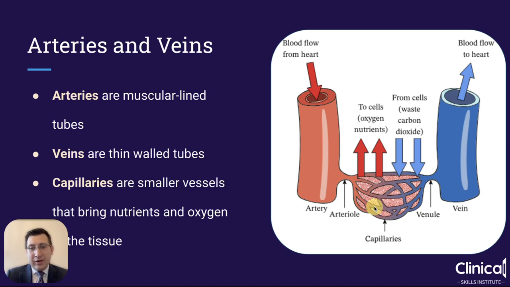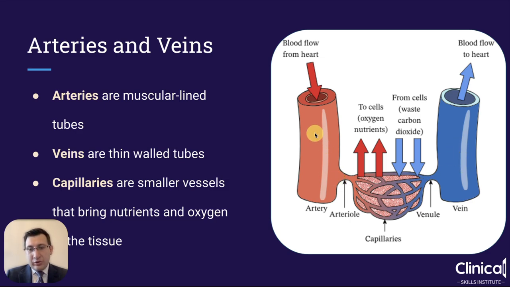Capillaries are very tiny, small vessels that have only a single layer of cells as their wall. So the oxygen and nutrients can easily exchange with the tissue around them.